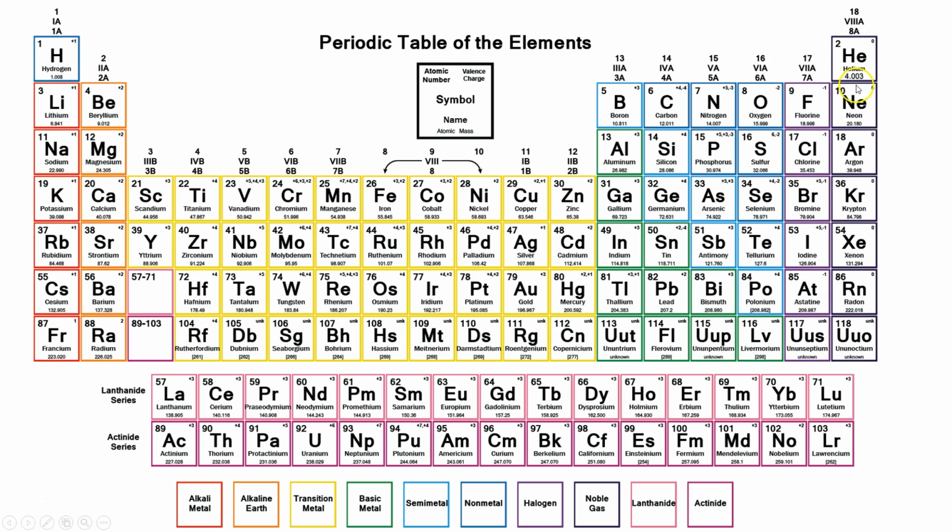The noble gases are generally not involved in bonding, and so they have a charge of 0. So when trying to determine the chemical formula from a name, it's important to consider the charges that elements can have.